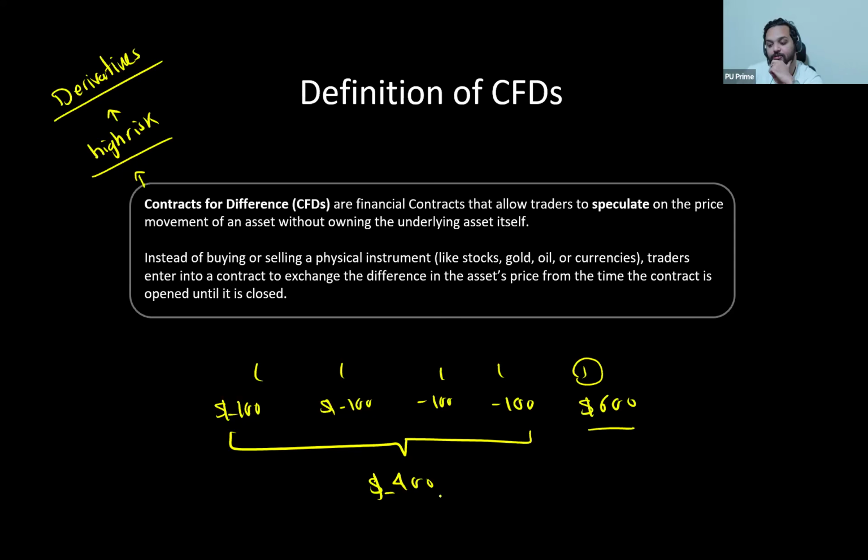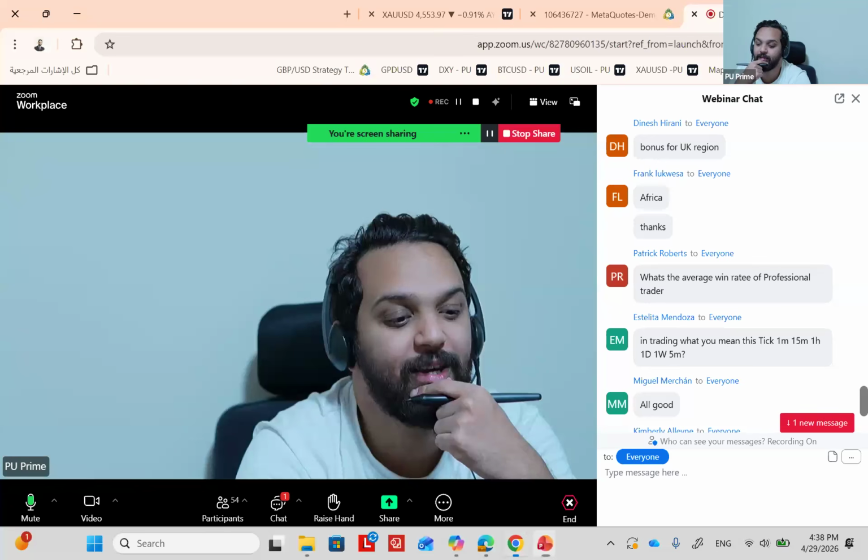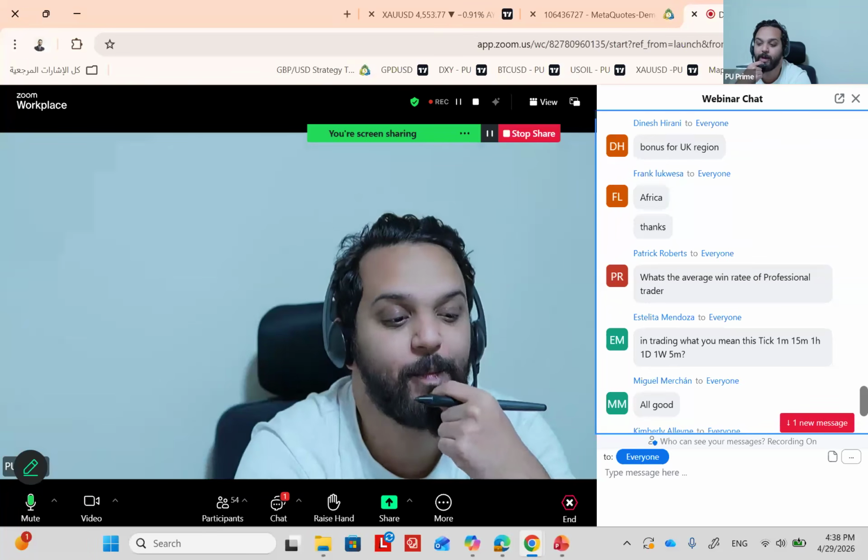So you lost 400 and made a profit of 600. Your net is how much? $200. Are you profitable or not? You are profitable. However, what is your winning rate? Your winning rate is 25% or even less, maybe 15%. Did you get my example, Patrick?